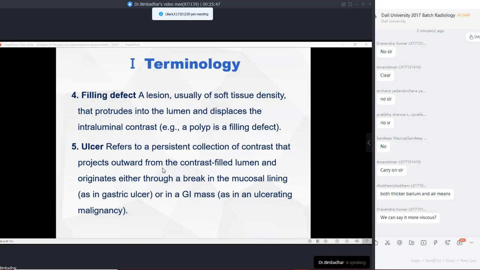If you wanted to know about these concentrations, I think you need to go down to the general principle slides. I think we have a pretty detailed explanation there on how barium preparations are made.